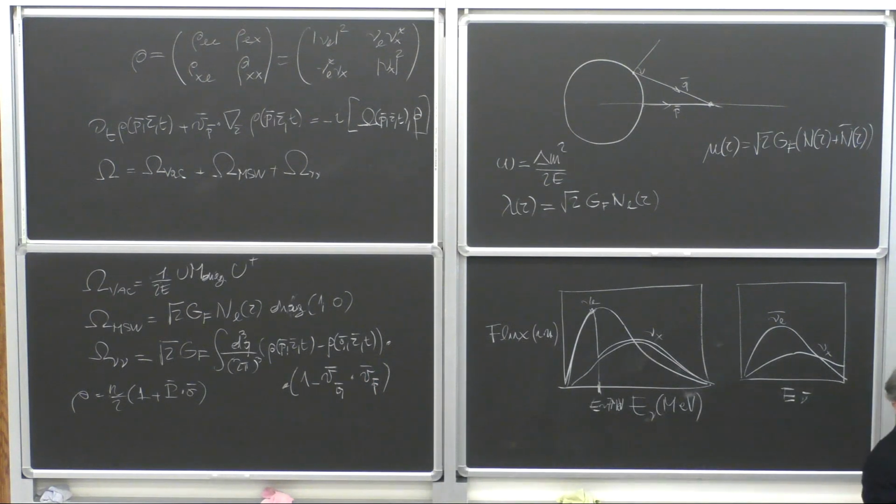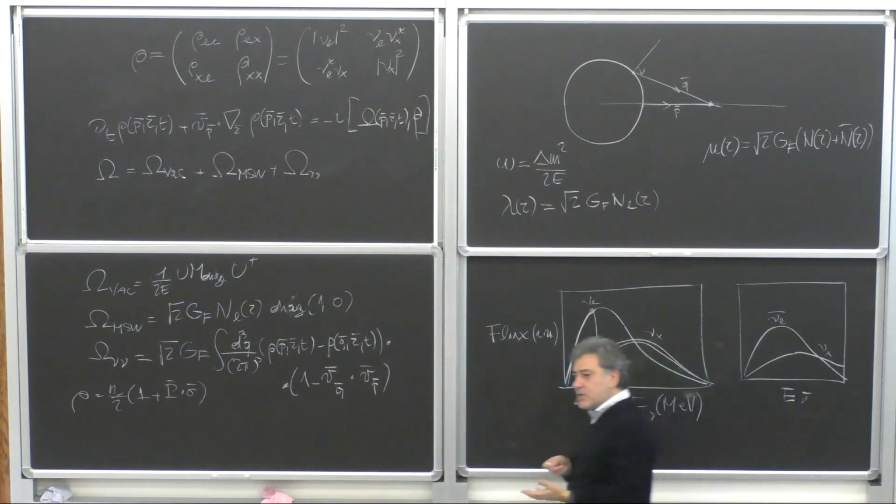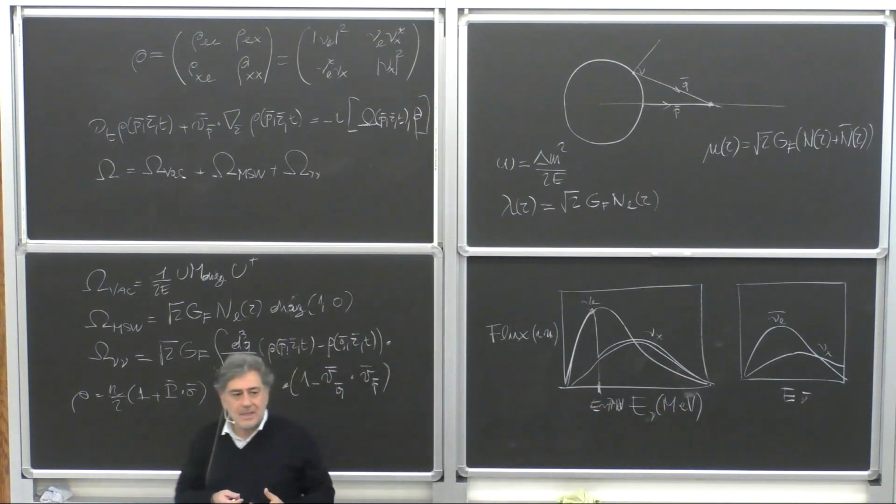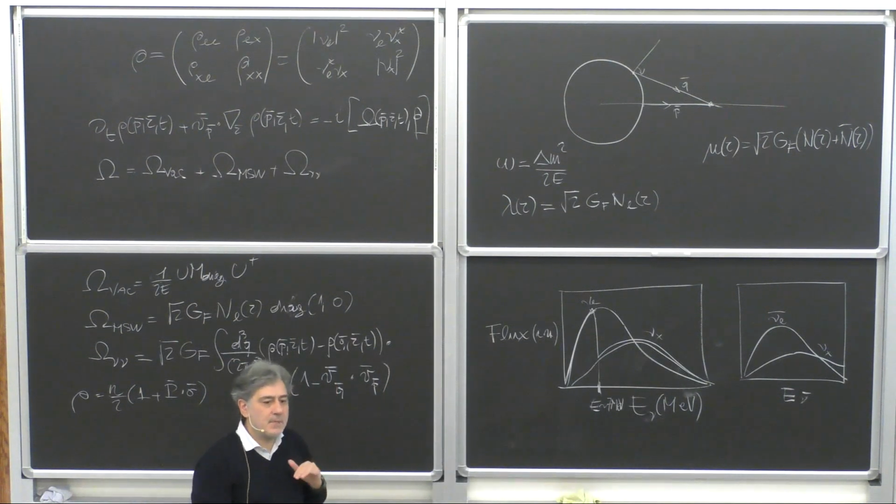For the antineutrino spectra, there is a near complete swap. So the nu bar X goes over the nu bar E, and vice versa, with the exception of a small part at lower energy. You see there, okay?